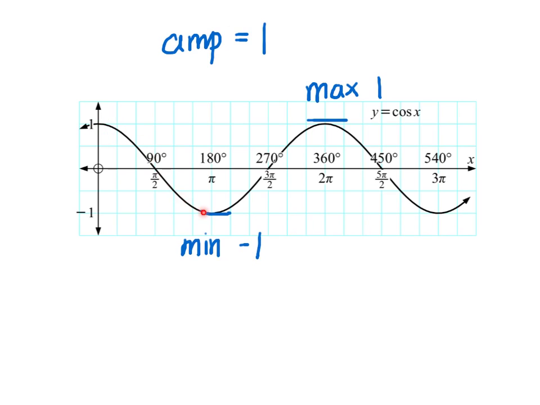So if I follow the function until I get back to a y value of 1, I've gone 2 pi distance here. So my period, again, is 2 pi. So that's something to remember: the period, amplitude, maximum, and minimum for both the sine and the cosine are all the same. The only difference is that the graph of cosine has been shifted 90 degrees. We'll talk more about that in just a minute.